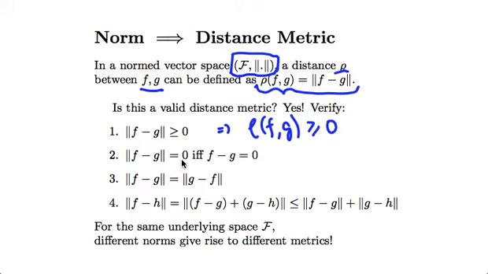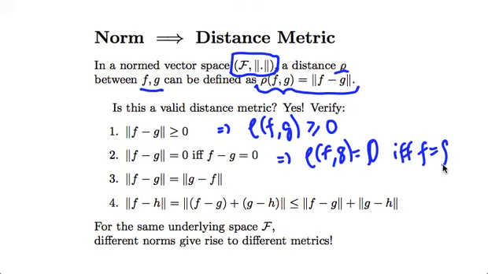We know that the norm is 0 if and only if the element is 0, and this immediately implies that rho of f comma g is 0 if and only if f is equal to g. Again, the norm of f minus g is the norm of g minus f. Here you can take the constant minus 1 in the last property I introduced to verify that this really holds true for norms. And again, this implies that rho of f comma g is rho of g comma f.